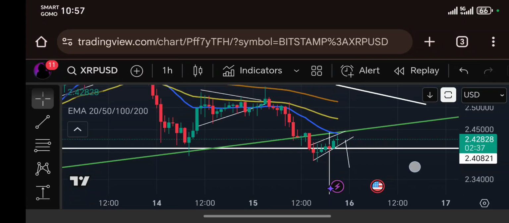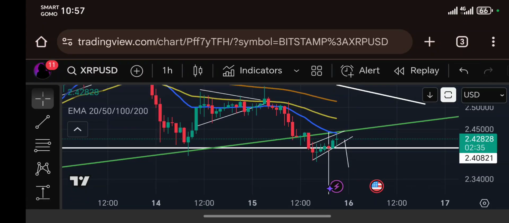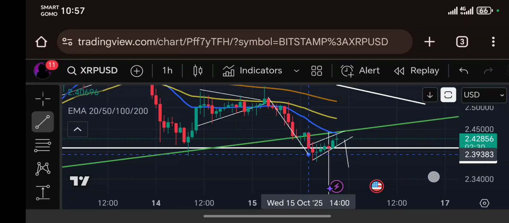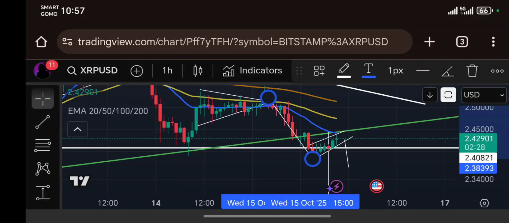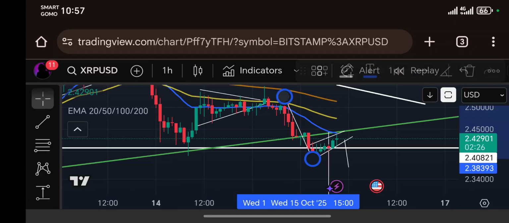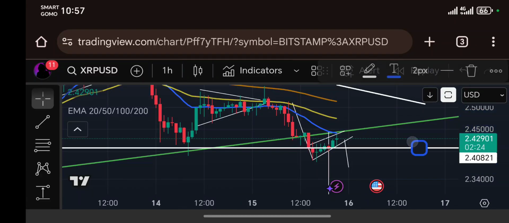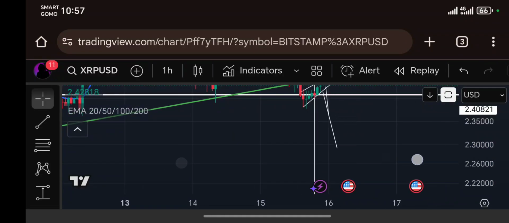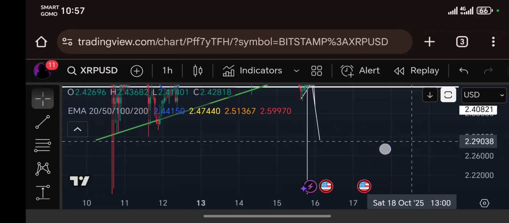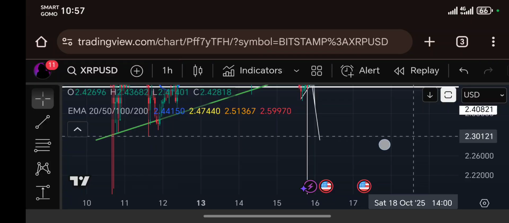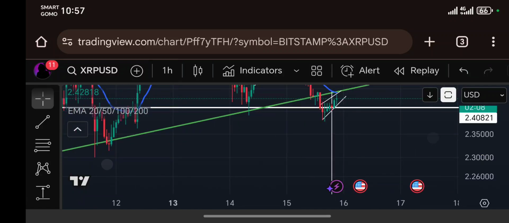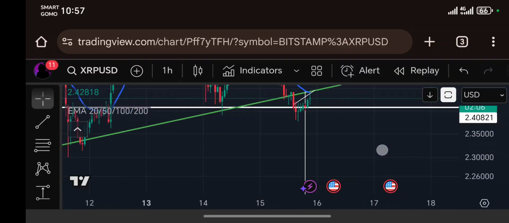But if you see the bigger picture of this bear flag, and if this is your flag and we're going back down here, we can also have 2.30, or even here 2.3. We can have that. So I'm gonna remove this here.